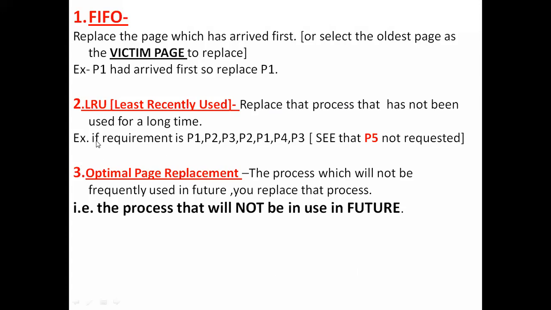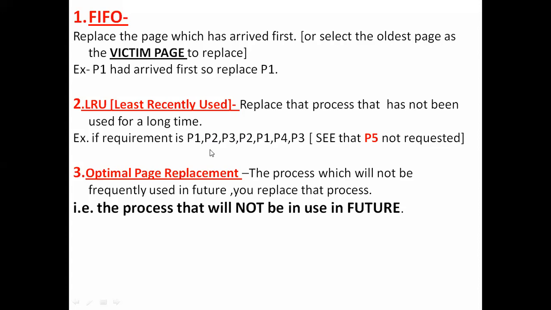For example, suppose the requirement of pages is: first P1 comes, after P1 the next requirement is P2, after P2 P3 is the third requirement. After P3 again P2 is requested, after P2 again P1 is requested, after P1 P4, after P4 P3 is requested. If you see this sequence of requirements, nowhere can you find P5.